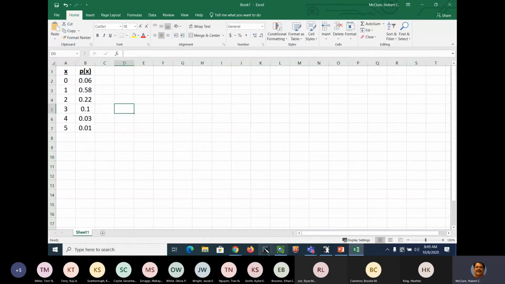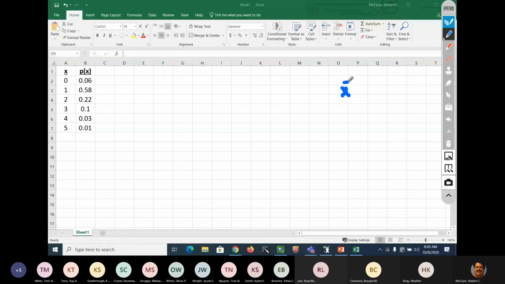Now remember, the formula says the mean is equal to the summation of x times p of x. I don't know why it's blue. Okay, let me fix that.